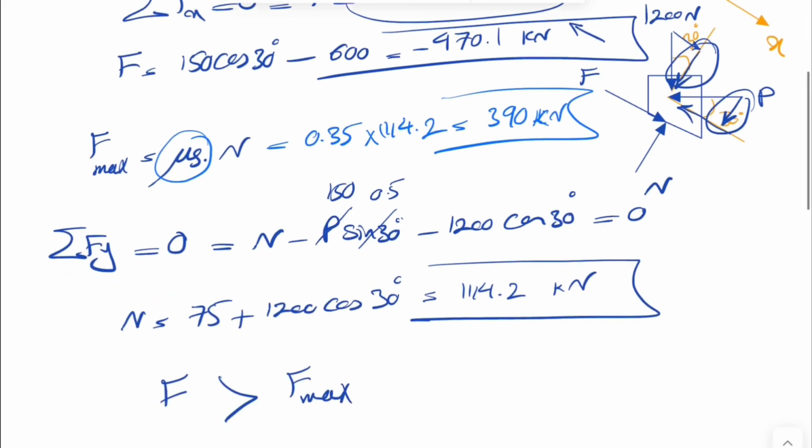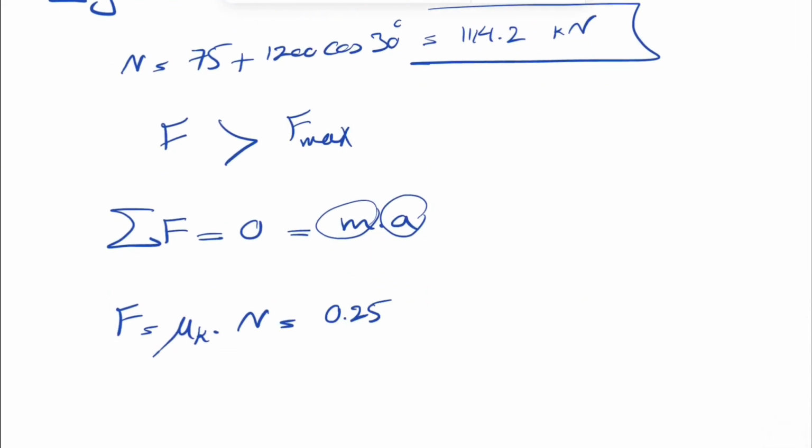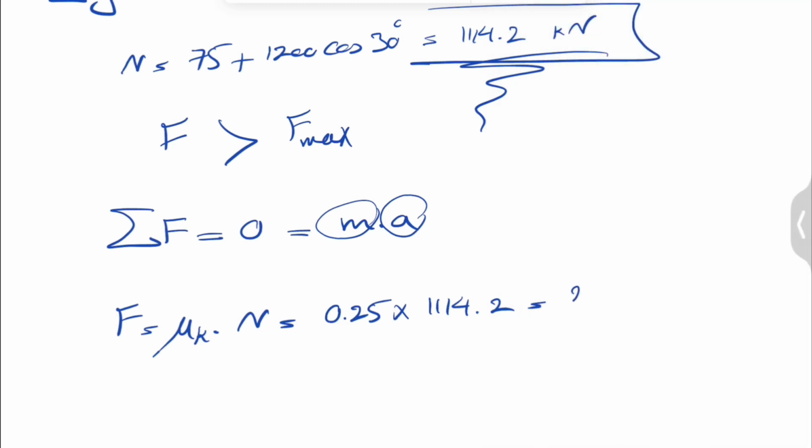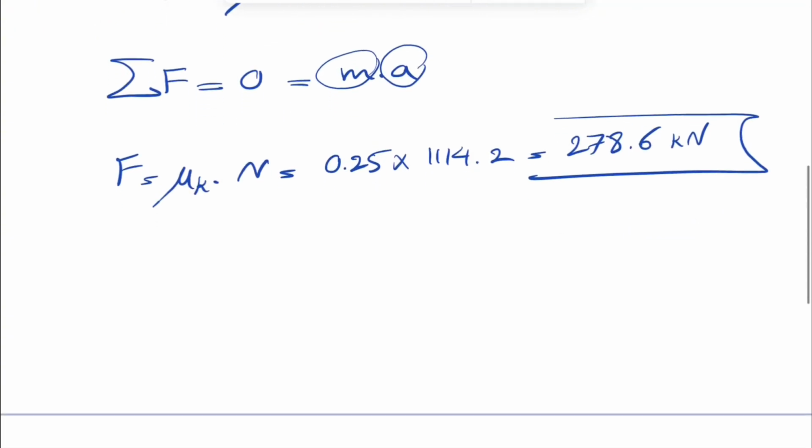It's 0.25, so 0.25 times our N, which is 1114.2. Let's see what we get. 1114.2 times 0.25 is going to be 278.6 newtons. And that shows that the box is moving down. So the block moves down.